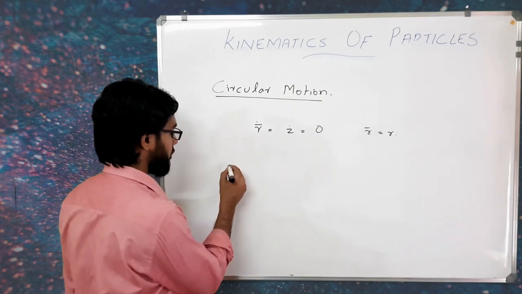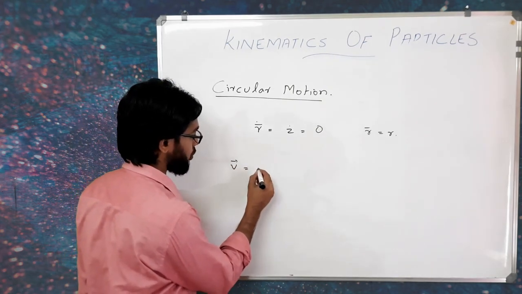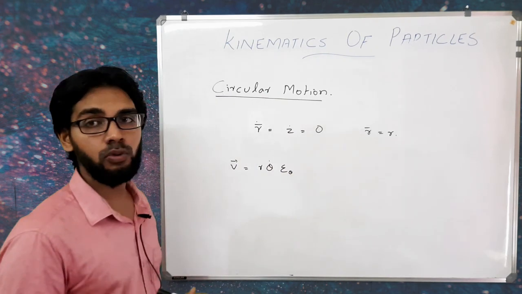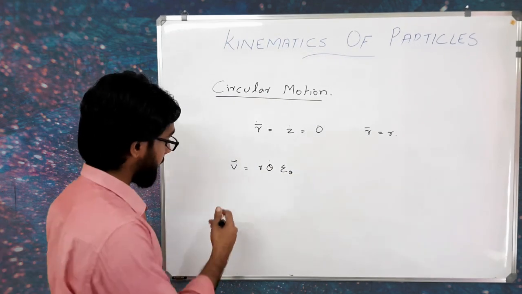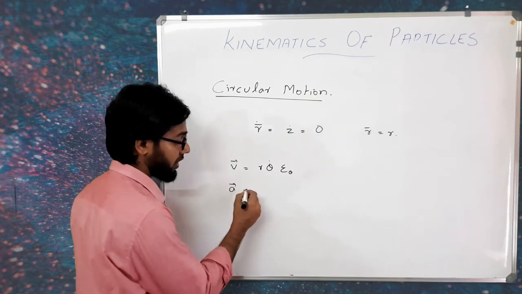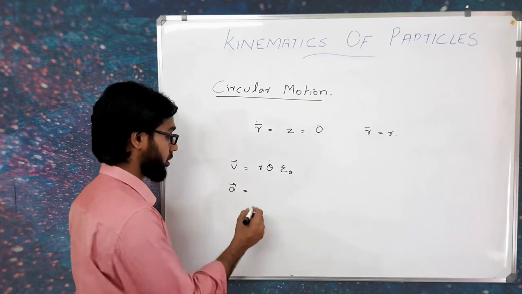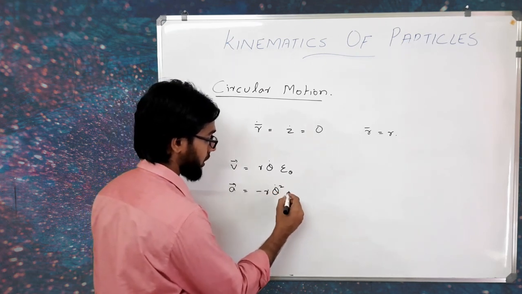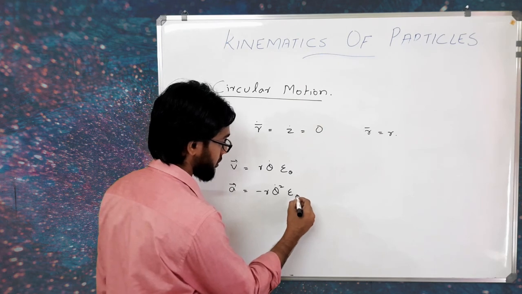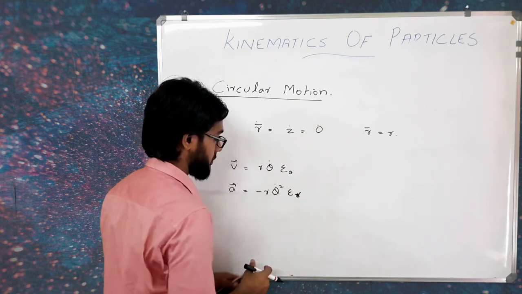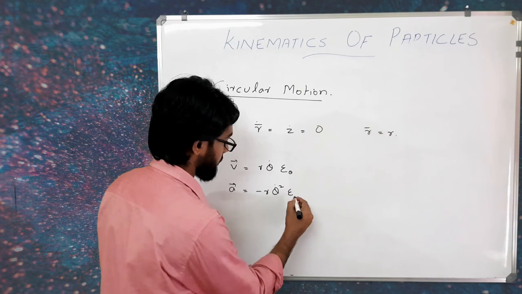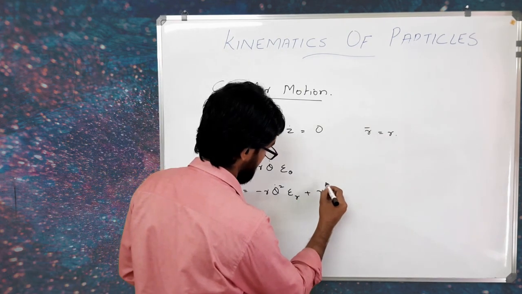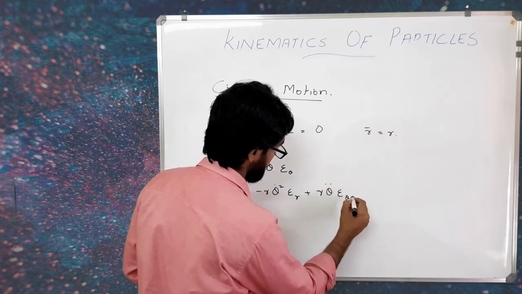So here the velocity vector v will be equal to r theta dot epsilon theta. Epsilon r value will become 0 and the acceleration vector a will turn out to be minus r theta dot square epsilon r plus r theta double dot epsilon theta.